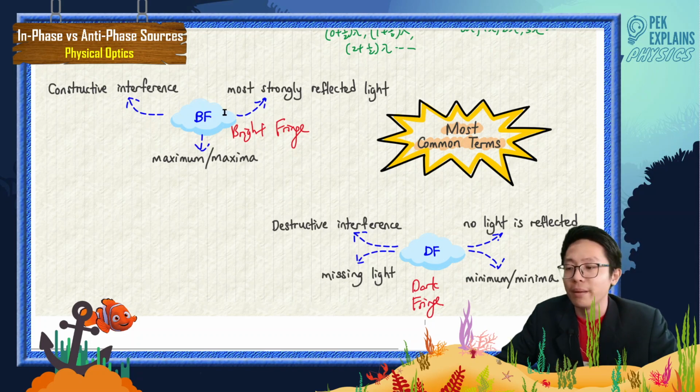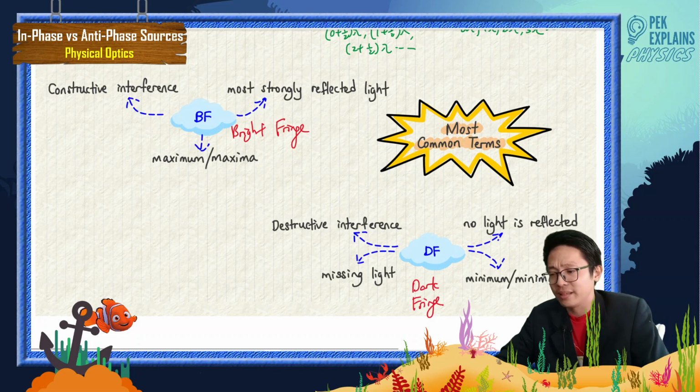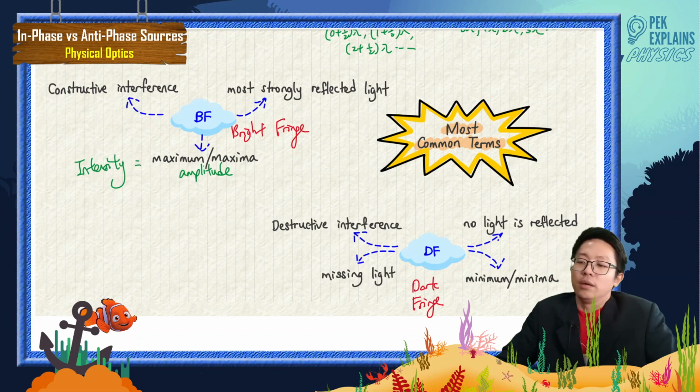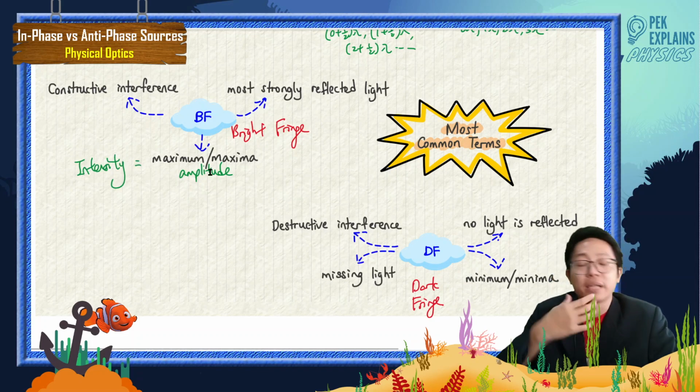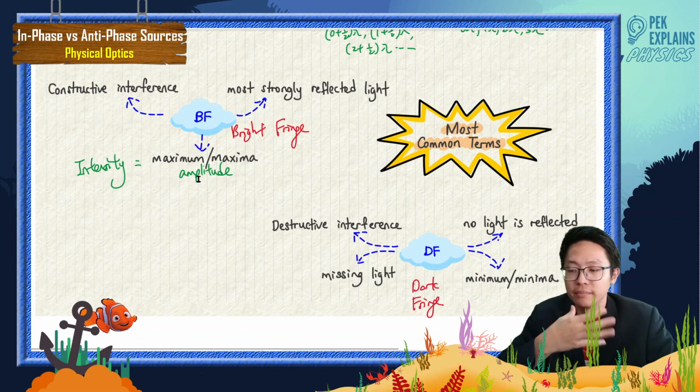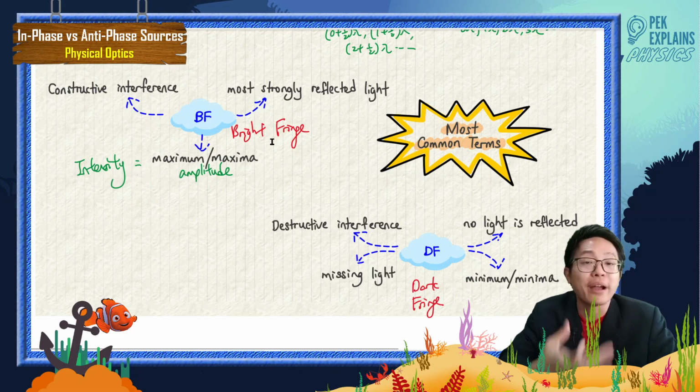Why do we say maximum and maxima? Because this relates to the intensity. Do you remember the intensity? Because the bright fringe has the maximum amplitude, the maximum intensity. Bright means the light is very intense.